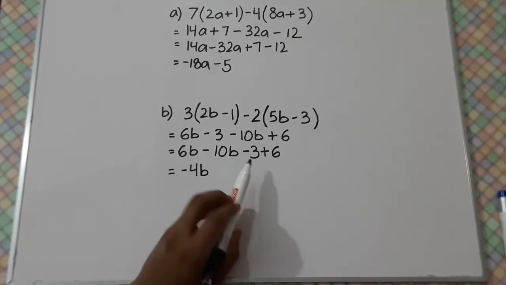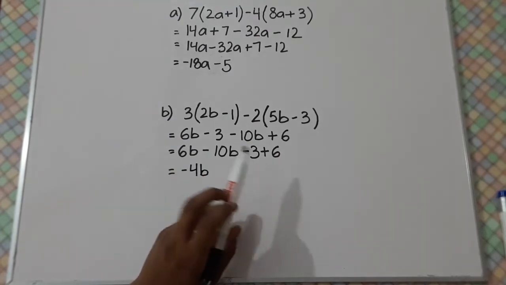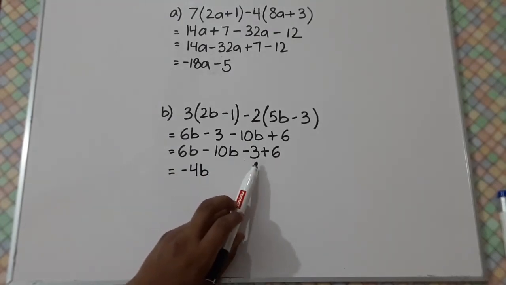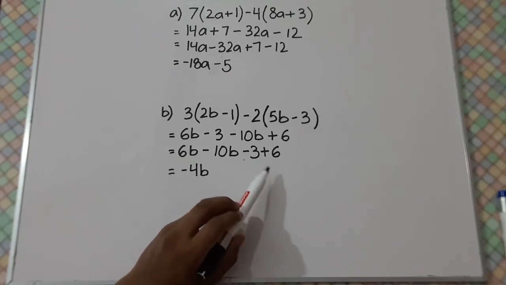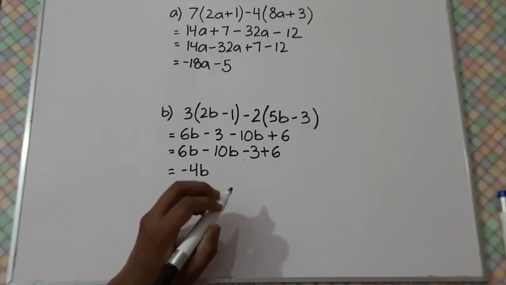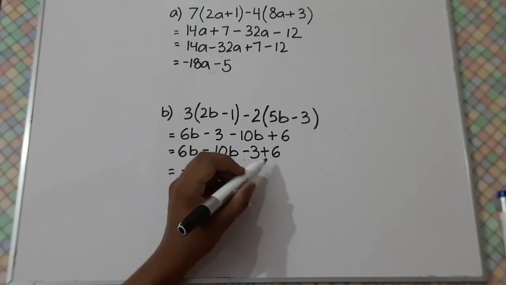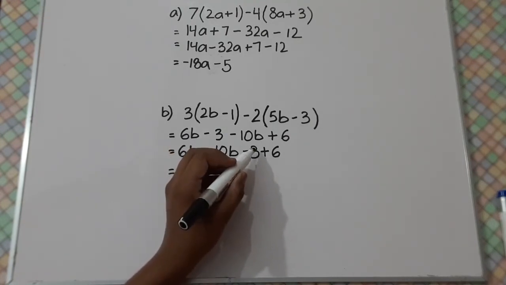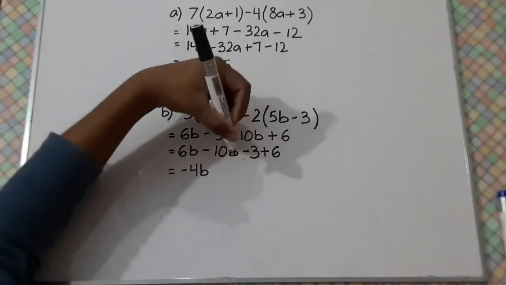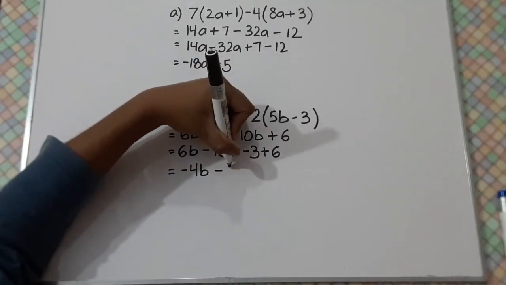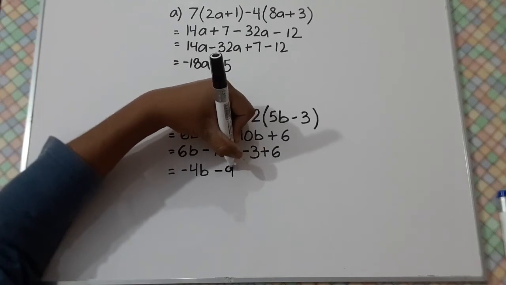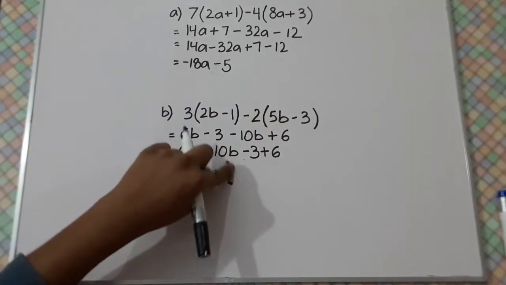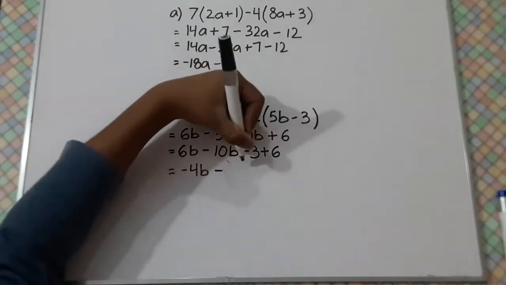And minus 3 plus 6, so 3 minus 6 would be minus 3. Sorry, the answer is minus 3.